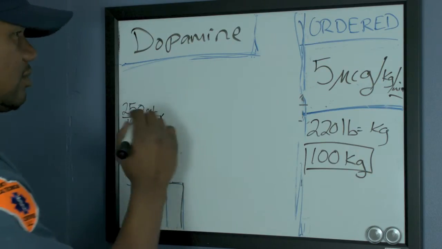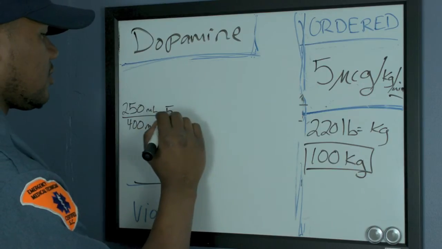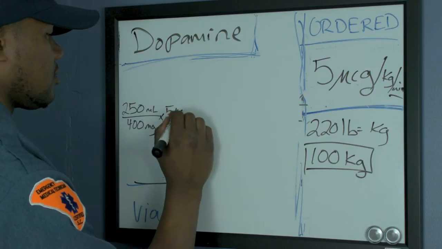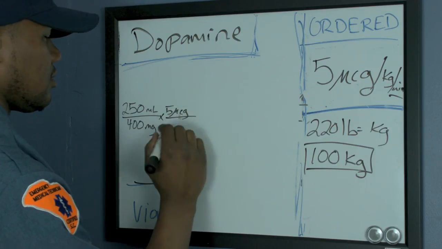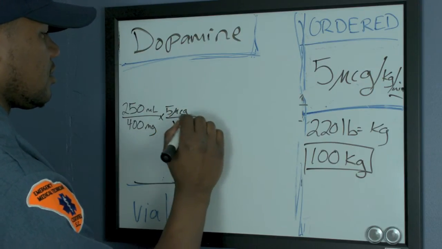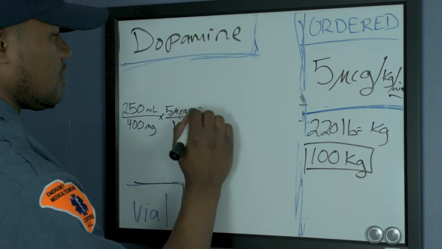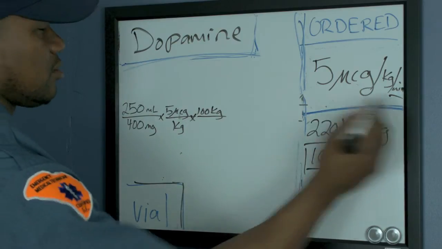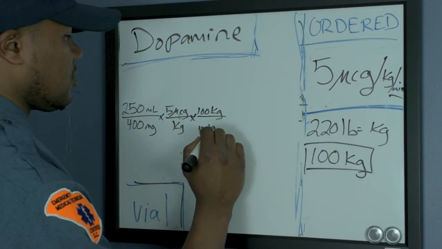Alright? Then what was ordered was the 5 micrograms over the kilograms. Then we're going to do 100 kilograms. We can take the minutes and we can drop that on the bottom.